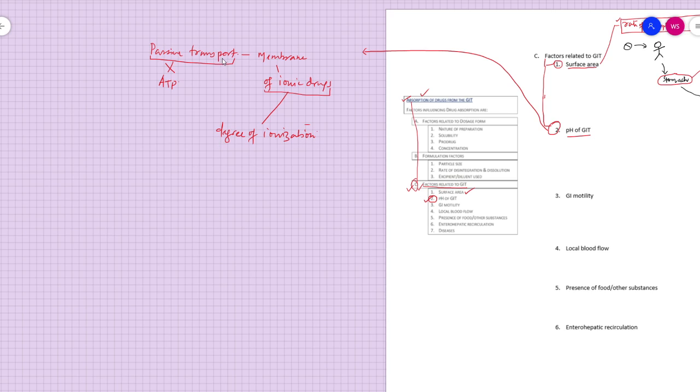Passive transport of ionic drugs across the membrane is dependent on the degree of ionization. So the more the degree of ionization, the less is the absorption.